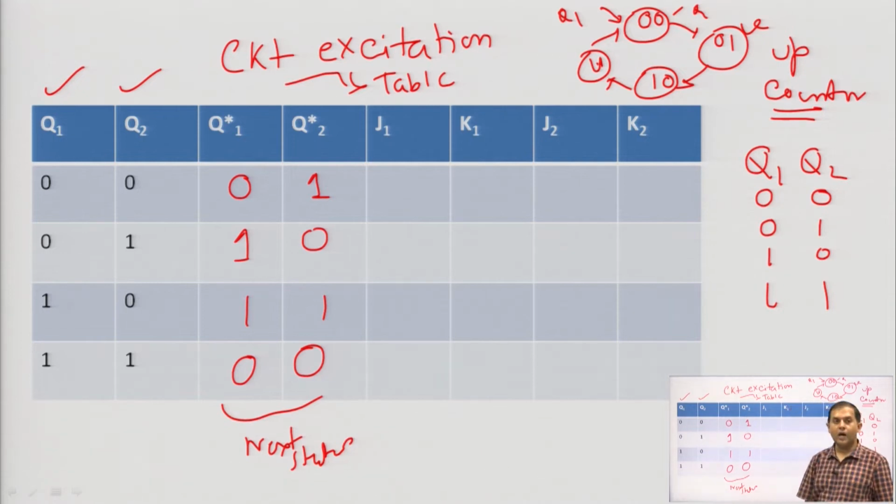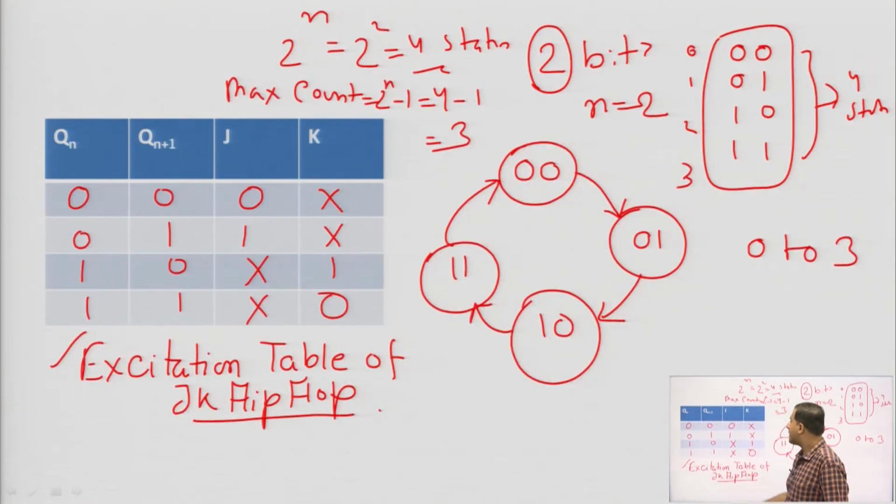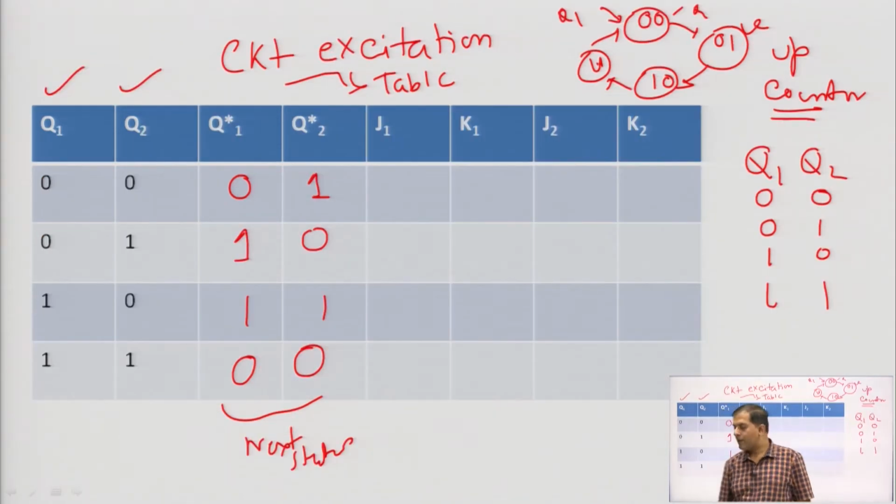Okay. So, now using this we will be writing the circuit excitation table. So, let us check the excitation table. 0 0 will have J K as 0 cross, 0 1 is 1 cross, 1 0 is cross 1 and 1 1 is cross 0. For 2 flip flops we need a 2 bit counter, 2 flip flops.